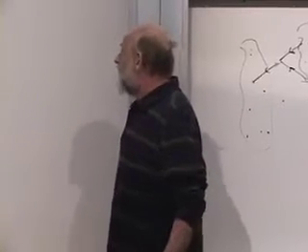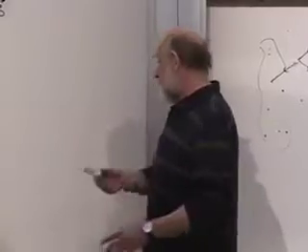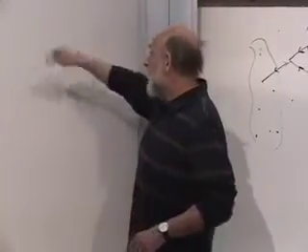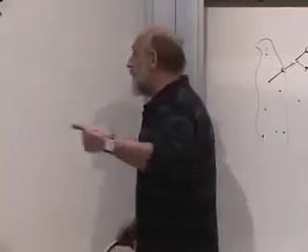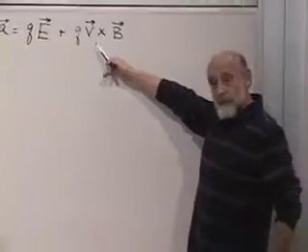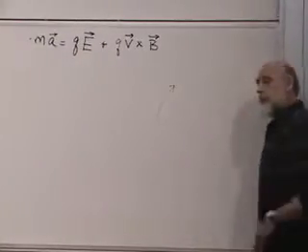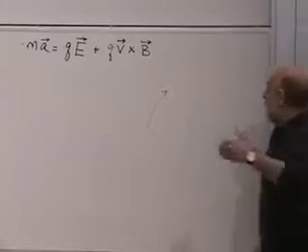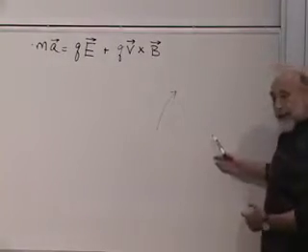All right, so this is one form. As I said, I will mainly be interested in motion in the plane of the blackboard, the whiteboard, where the magnetic field is perpendicular to the plane. The velocity, of course, is in the plane. The magnetic field is perpendicular. The cross product of V cross B is also in the plane.